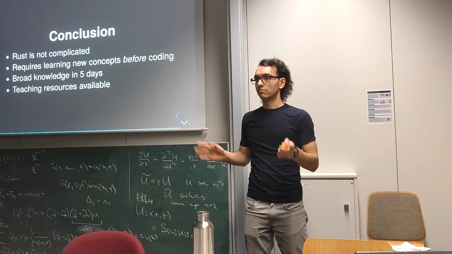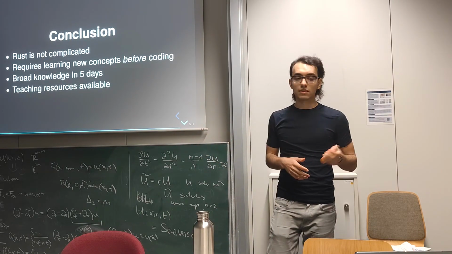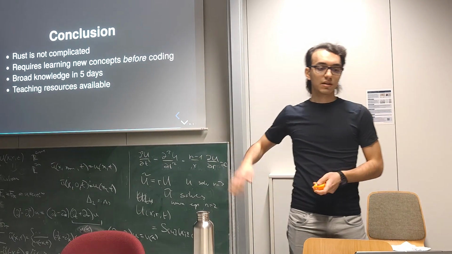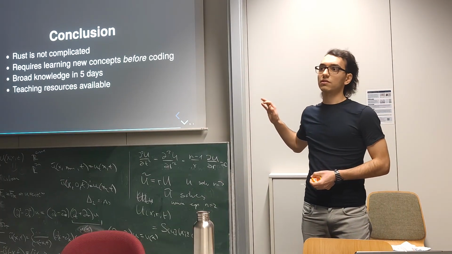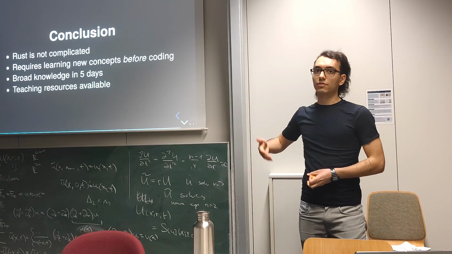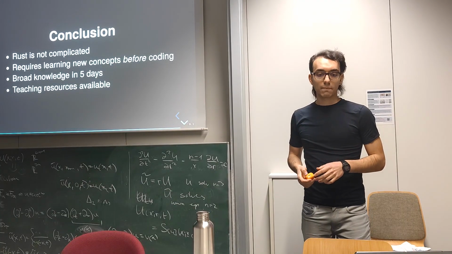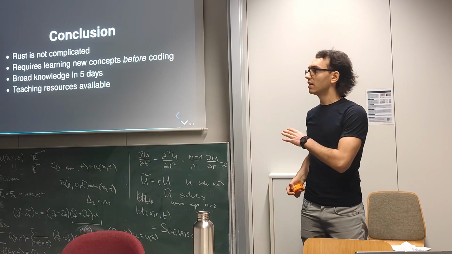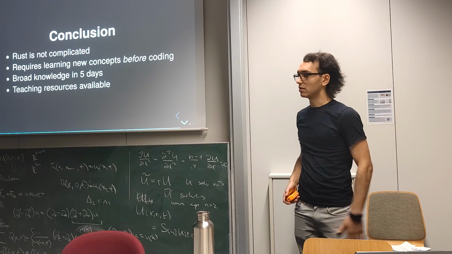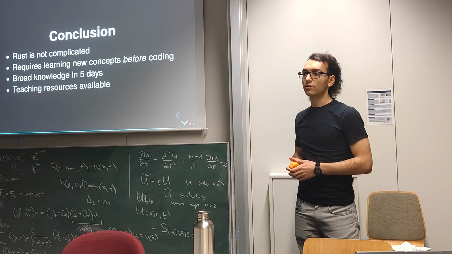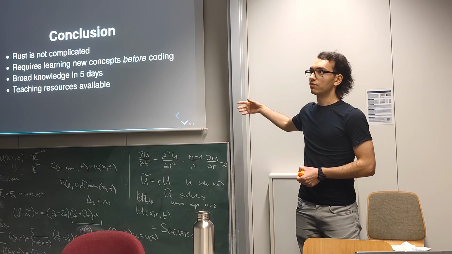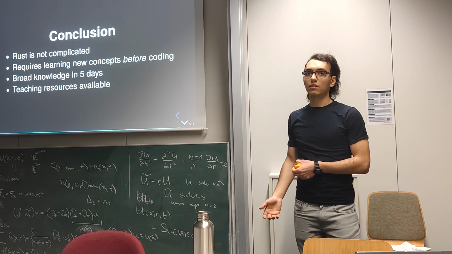Advent of Code is a set of puzzles that you do in December. Doesn't really matter, but some of them use these puzzles to learn a new language. And I've seen some of them, especially on Mastodon, failing at learning Rust by starting to code, because they don't really know how things are working in the background.